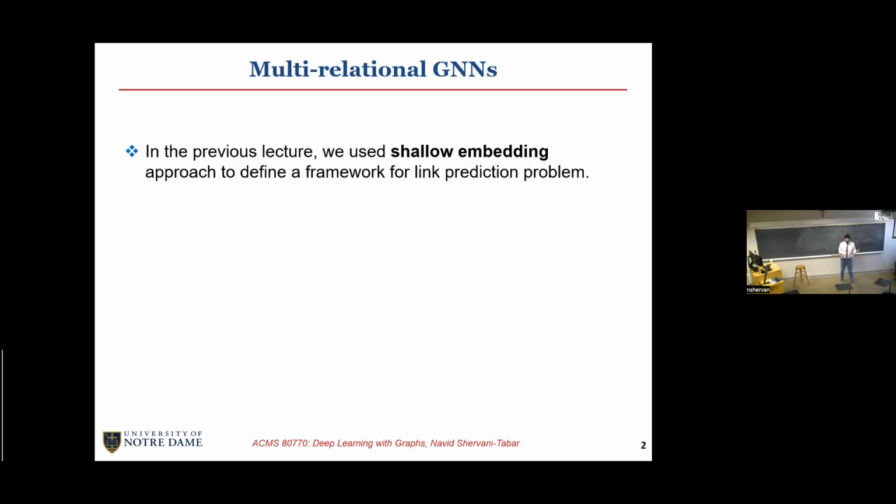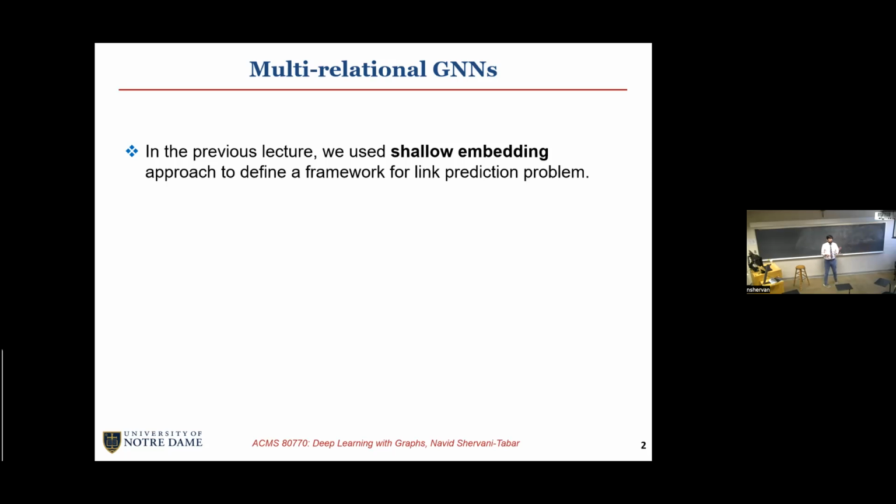And we said that shallow embedding approaches basically have 4 elements. They're an encoder-decoder type of framework that needs an encoder, a decoder, a similarity measure, and a loss function, right?